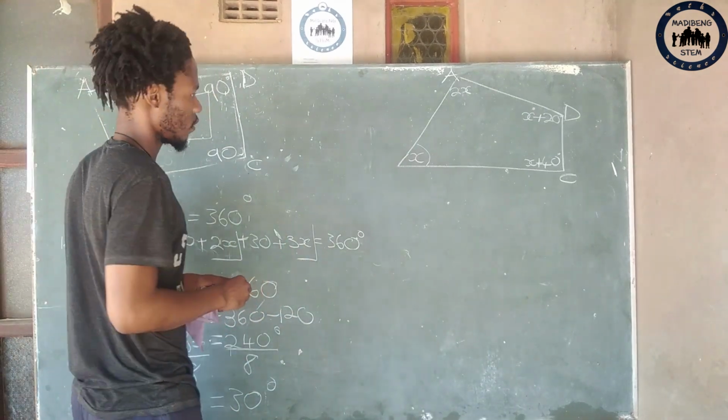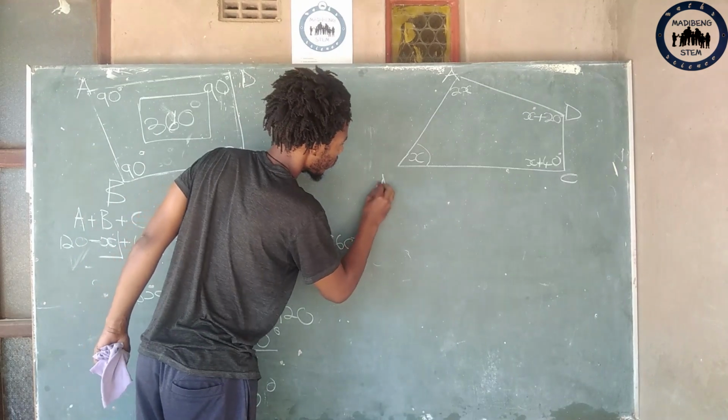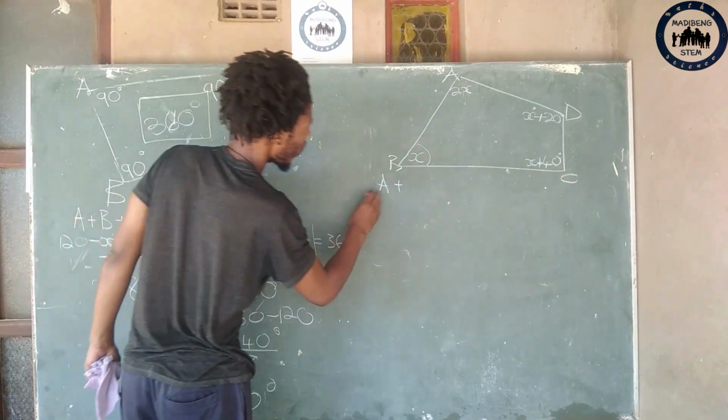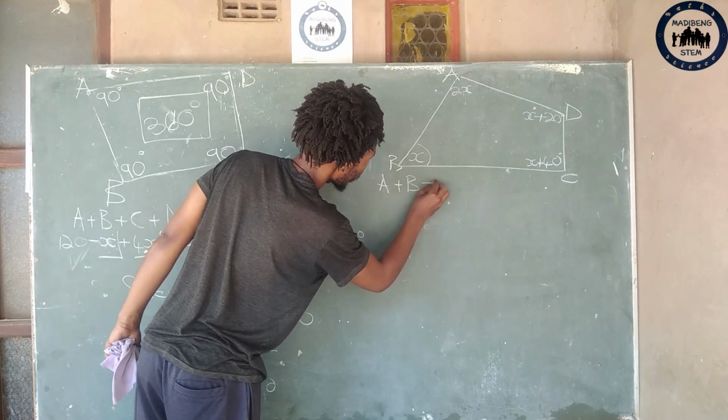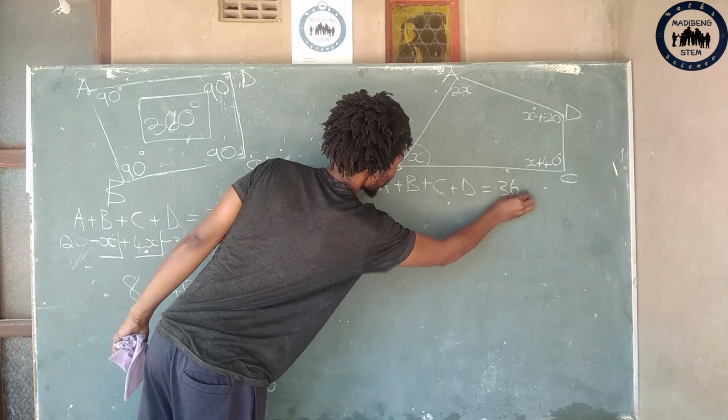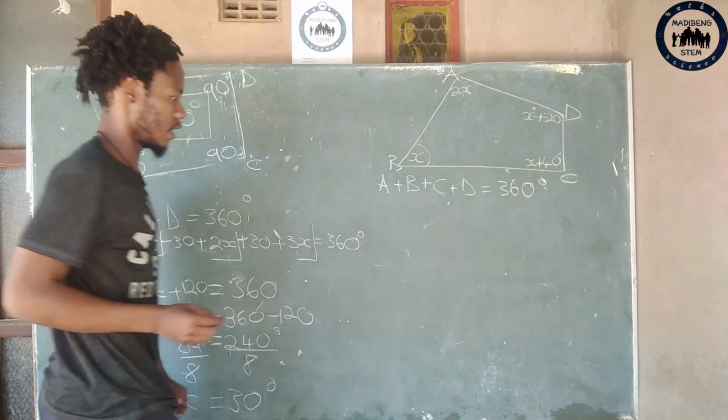Yeah. So A, B, C, D. A plus B plus C plus D is equal to 360 degrees.